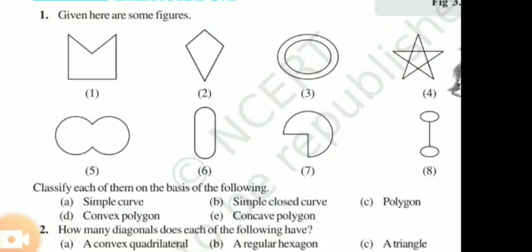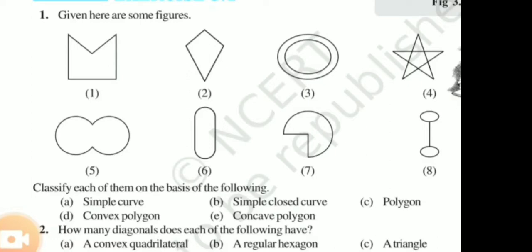Question number 1. Given here are some figures. As you can see, some of the figures are given here. Classify each of them on the basis of the following. First one is simple curve. So you have to identify which one is a simple curve.